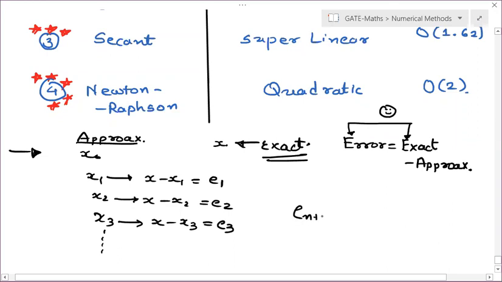Now, what is order of convergence over here? If your next error is equal to something multiplied by your previous error to the power p, understand this carefully, then your p is called order of convergence. Okay.